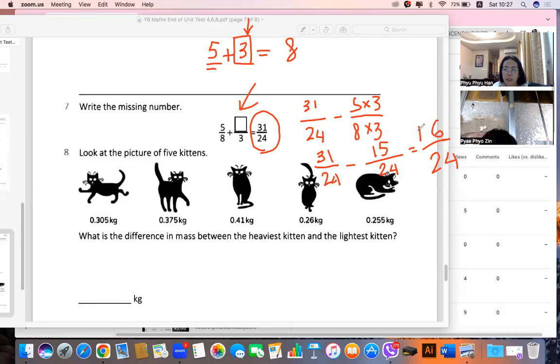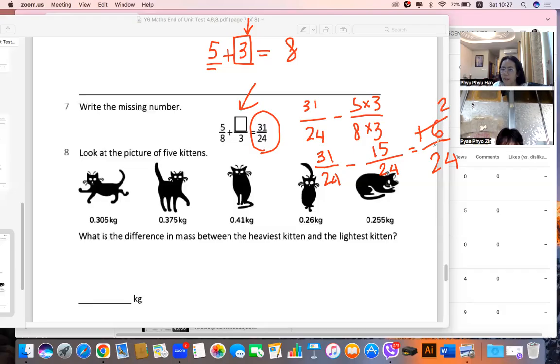So what do we get? Wait, this is still not correct. Oh, okay, now I got it. Wait. So it's like 4. Also, okay, so yeah, correct.